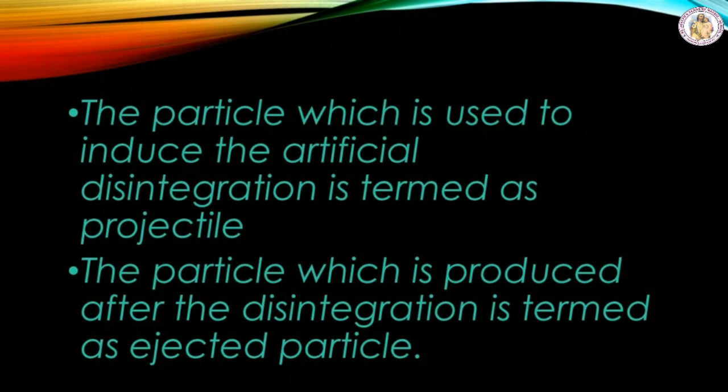When the projectile hits the parent nucleus, it is converted into an unstable nucleus, which decays spontaneously, emitting the daughter nucleus along with an ejected particle.